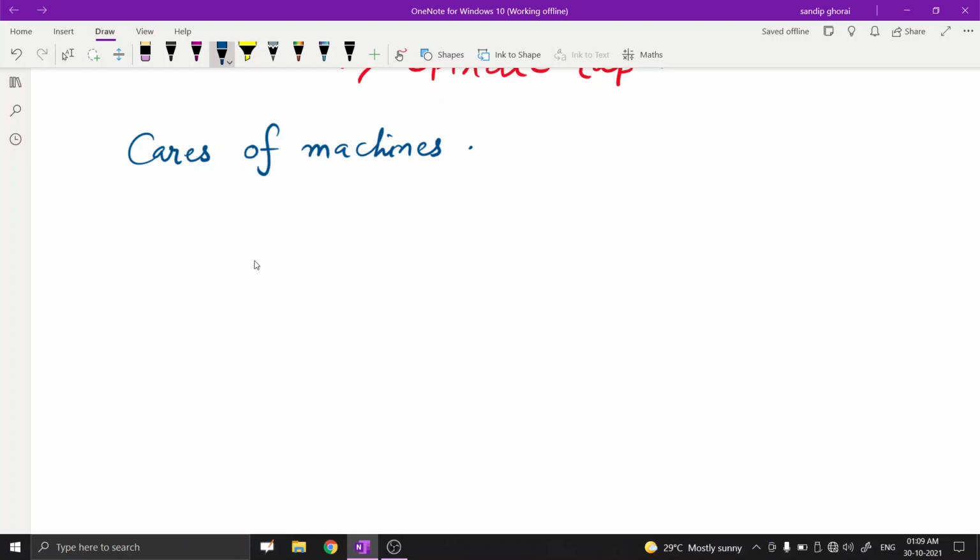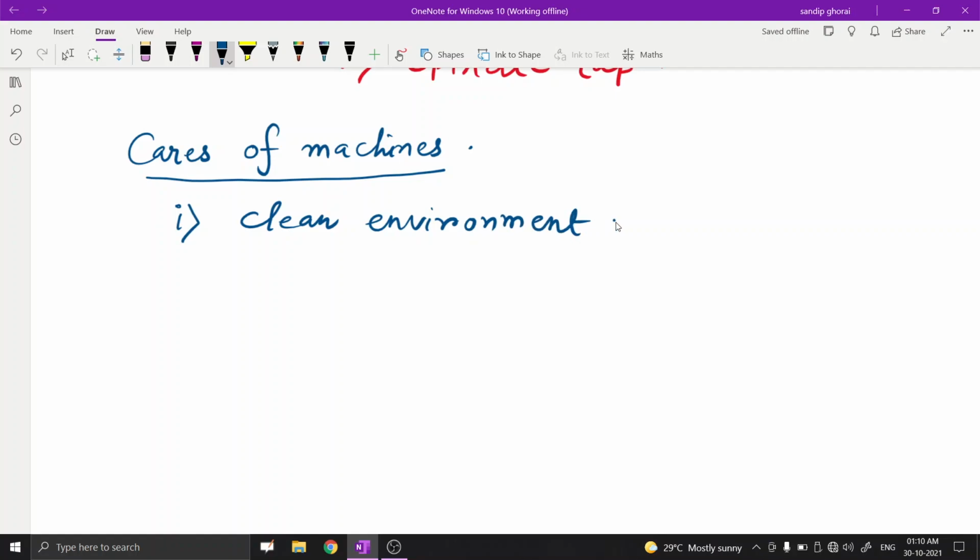Now we have to know what the cares of a machine are. Here we take some cares. The first one is that machines should be kept in a clean environment.